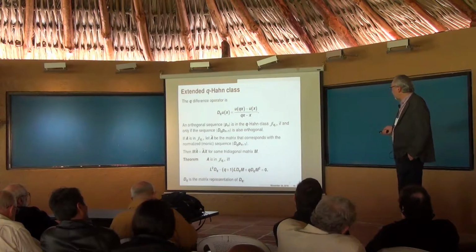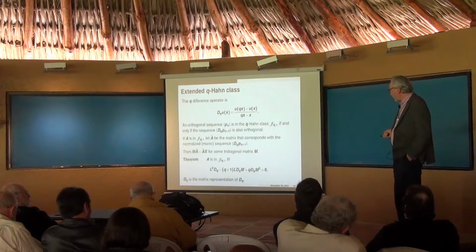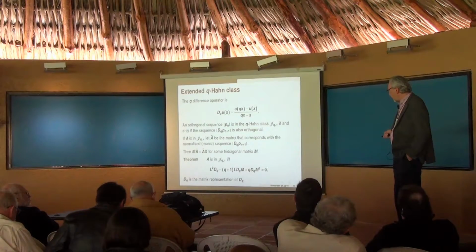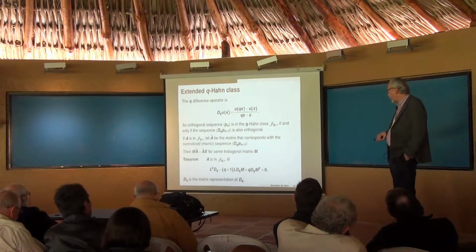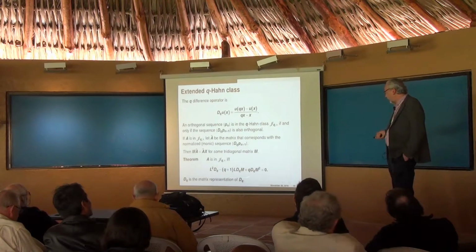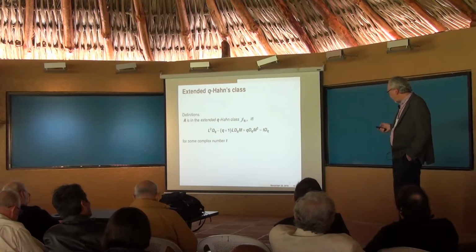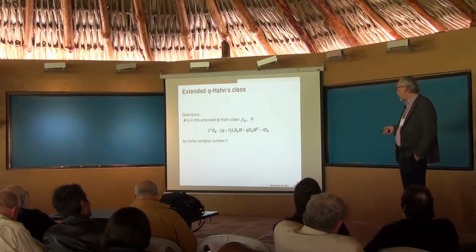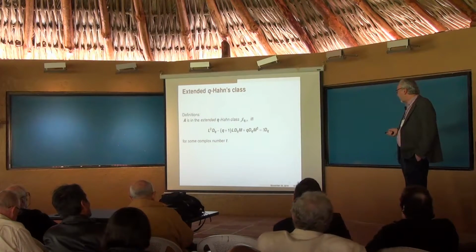So when I found this, I tried to see which sequences I could identify in the q-Askey scheme, and I found that some of them were included, well, all the classical ones, but some of those were not included, so I decided to modify the equation and to extend the class, and it can be done this way.